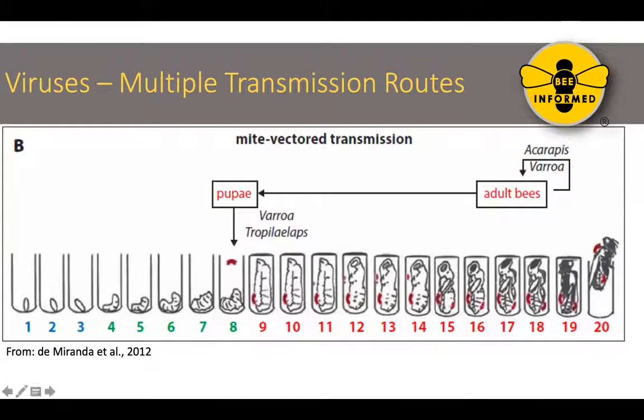And then lastly, the transmission route that is the most important factor that determines the dynamic of pathogens, in this case, Varroa. Viruses can be transmitted in indirect ways through a third party, also known as a vector. And this has been really important in the last few years.